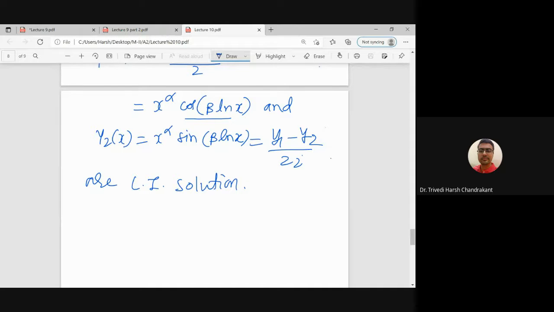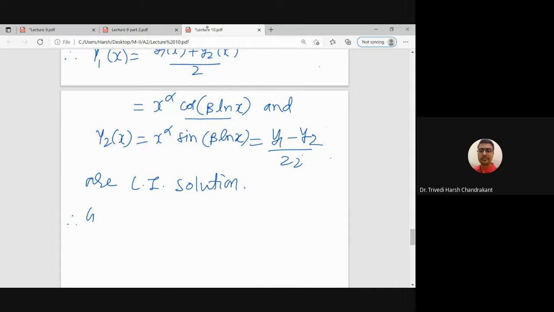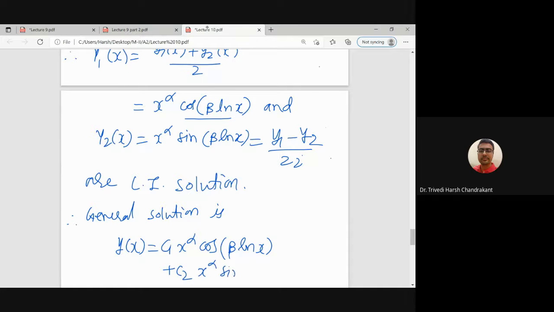So these are LI solutions. Therefore, the general solution is y(x) equals c1 x power alpha cosine beta log x plus c2 x power alpha sine beta log x.